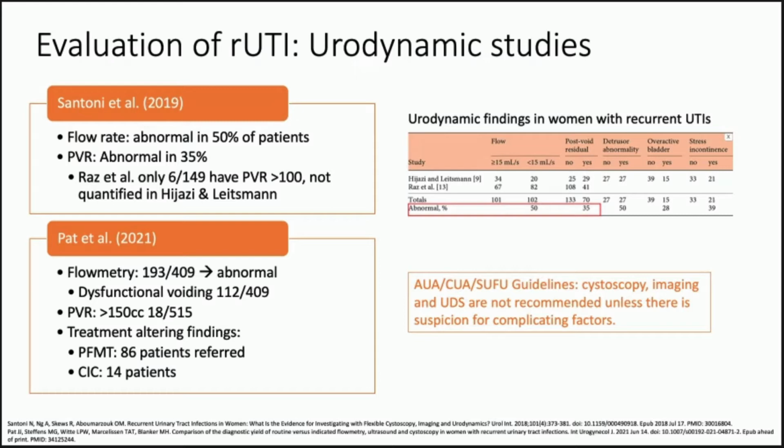Within those studies, only flow and PVRs could be compared because detrusor abnormality, overactive bladder, and stress incontinence were not reported by Raz and colleagues. That prevented the comparison of these factors between the 2 studies. They did report that urine flow was abnormal in about 50% of patients, and PVR was noted to be positive or abnormal in 35% of patients.